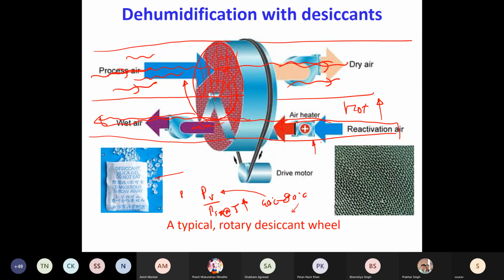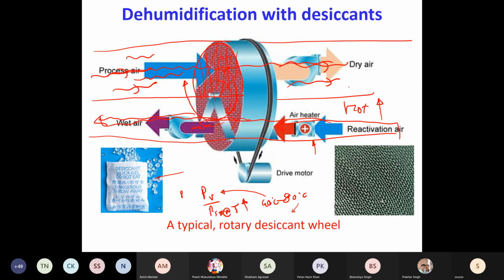You can provide it through electrical heaters, but then it will defeat the purpose of using this dehumidification process with desiccant material. So most of the time people use solar heaters or some industrial waste heat which is available. You can use electrical heaters, but then it will reduce the efficiency of the overall process.